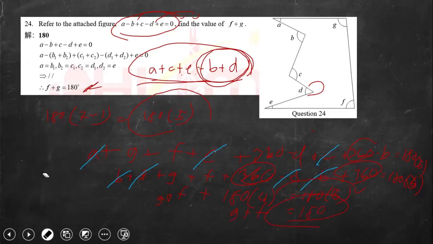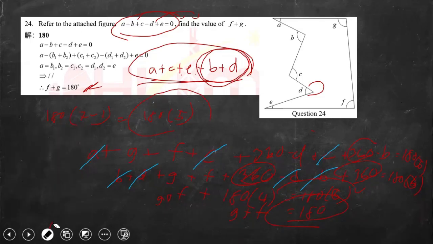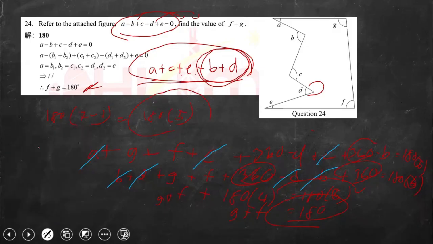This is another formula, another solution. Okay. So I use the sum of interior angles for what's shown here. If you don't know any other method, we can use this.